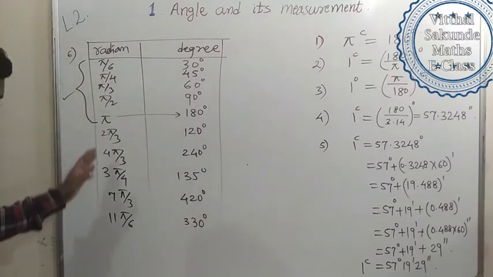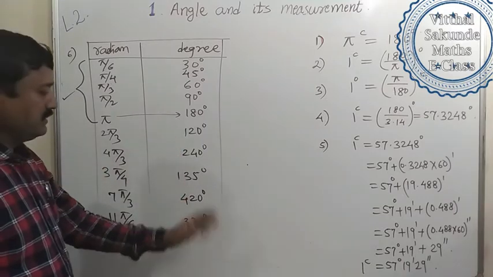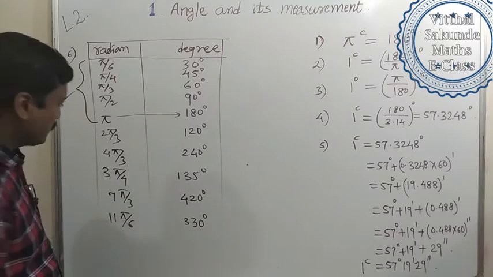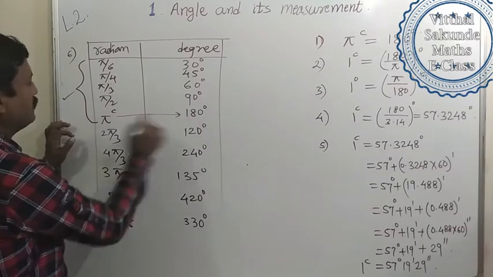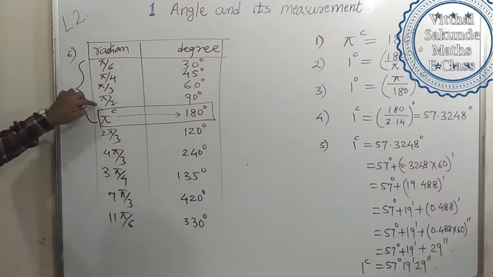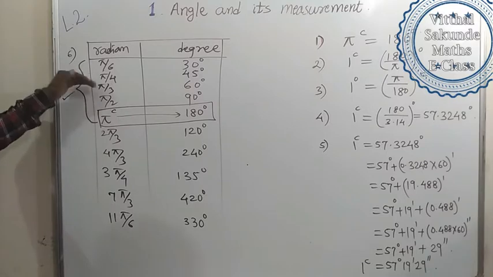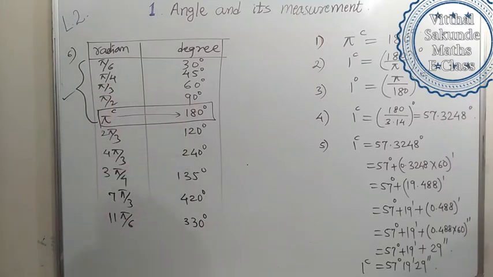In this way you can find any angle in radian measure, and you can easily get its degree measure also. So remember, this one is important, that pi radian is equal to 180 degree, and from this you can write pi by 2, that is half, pi by 3, pi by 4, pi by 6. These are 90, 60, 45 and 30 degree. Using all these values you can convert any angle.